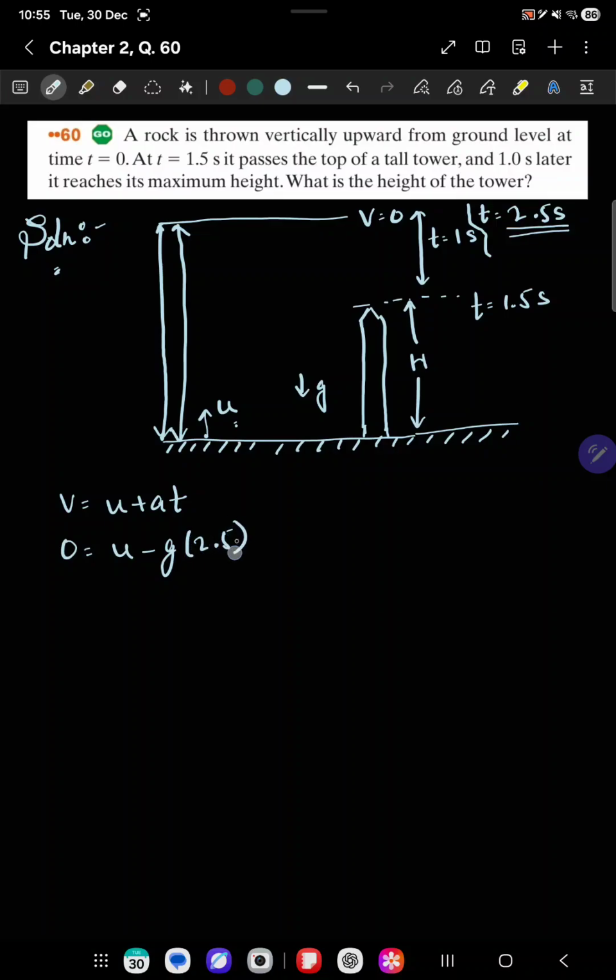So we put in this 2.5, and we will get a value of u as 2.5 g, right?